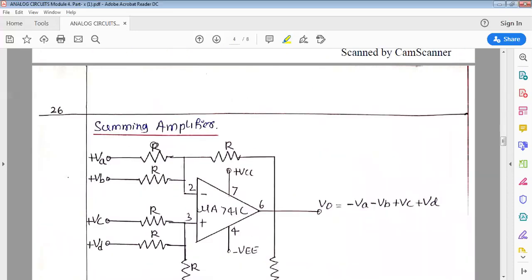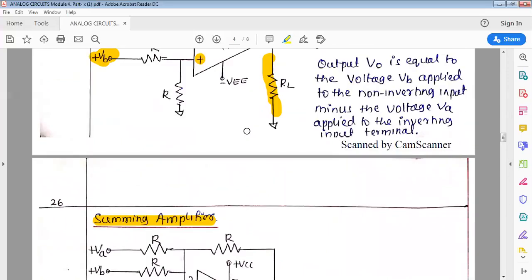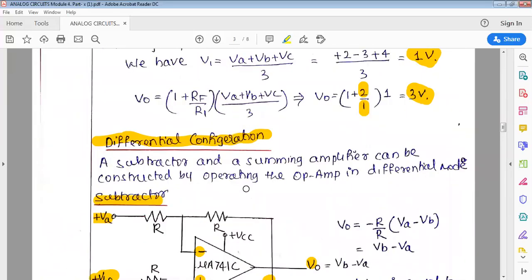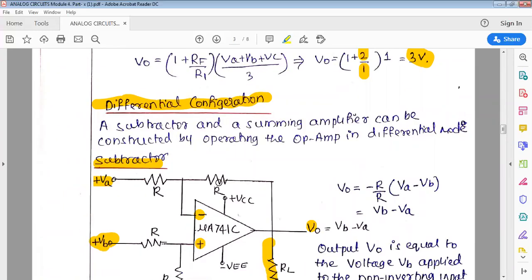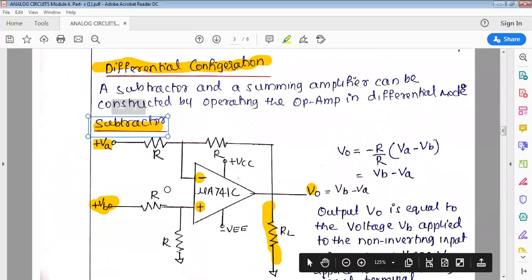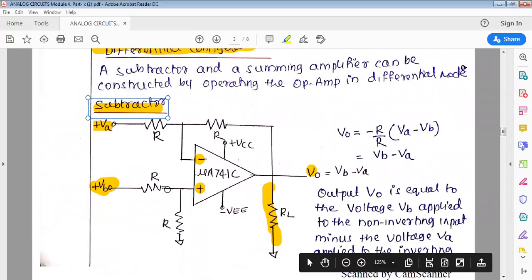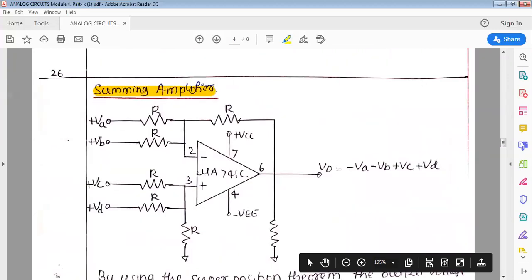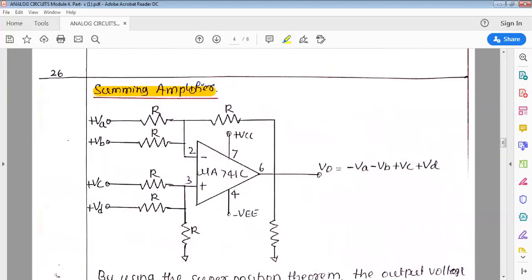Now, the next part is the summing amplifier. If I am operating the operational amplifier in the differential configuration, there are two possibilities. One is I can make it work as a subtractor, the way we discussed just now. And another possibility is I can make it work as a summing amplifier. A summing amplifier, as you know, adds all the voltages available at the input terminals.